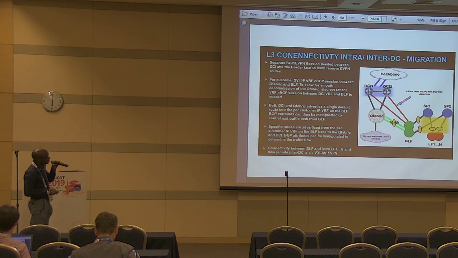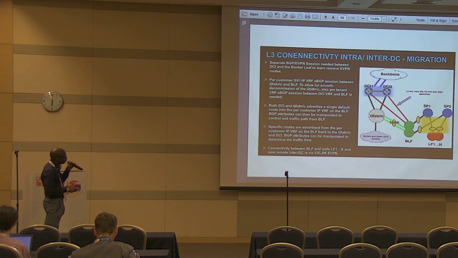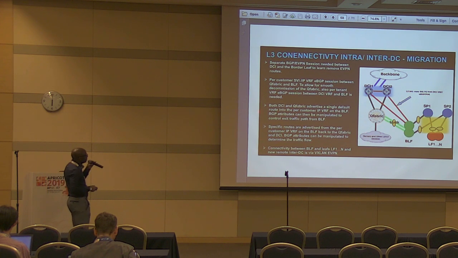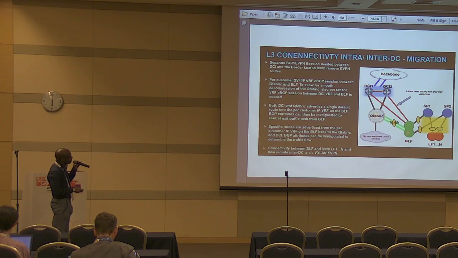So I could then play with the BGP attributes to decide how my data is going to flow. Do I want to go through the DCI, or do I want to go through the QFabric? The DCI and the QFabric send a single default over that eBGP session per customer, per VRF here.